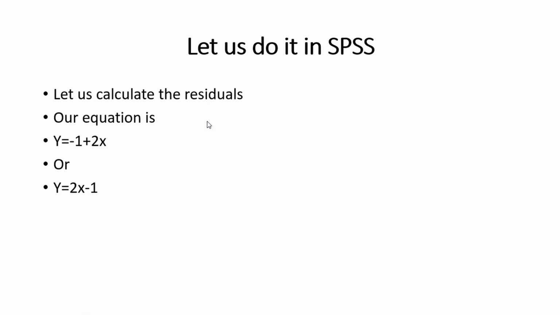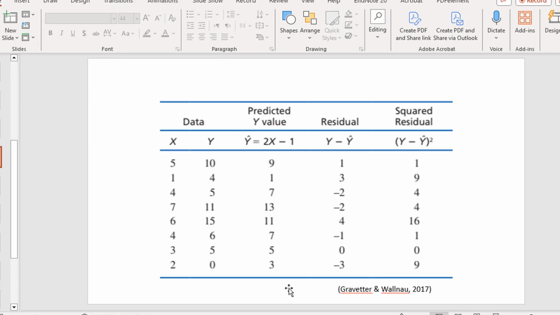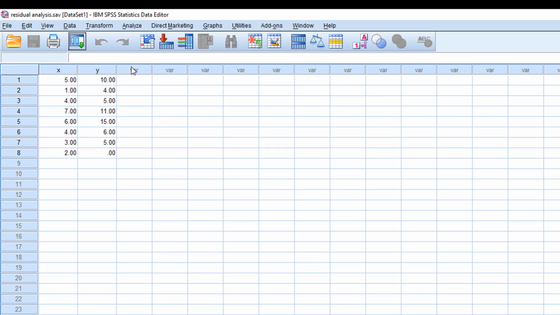Now let us do this exercise in SPSS so that you come to know how we calculate these values. This example has shown you the manual calculation. Let us see how SPSS calculates all these values. We have a file named residual analysis.